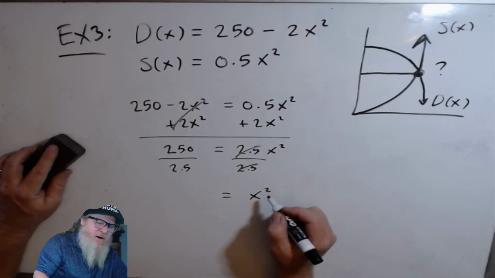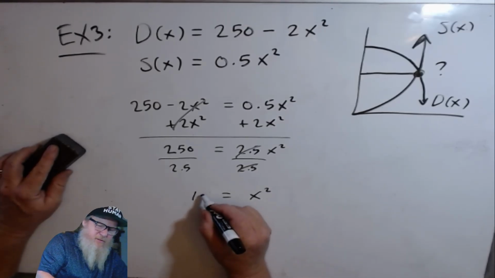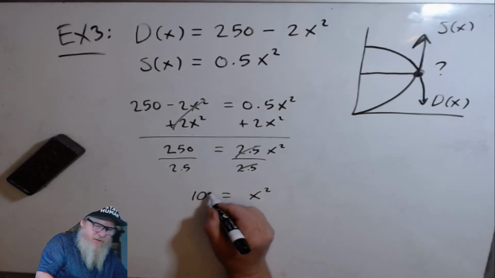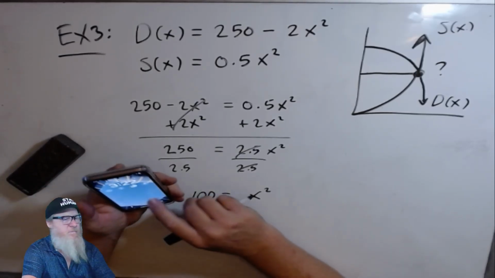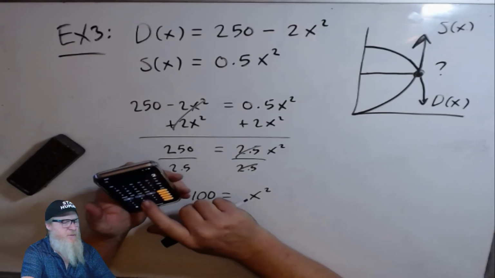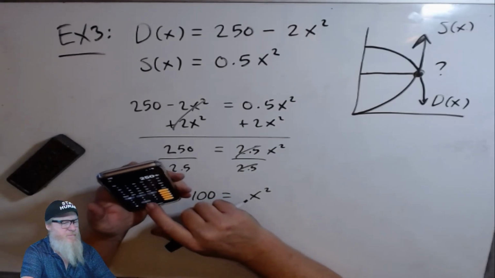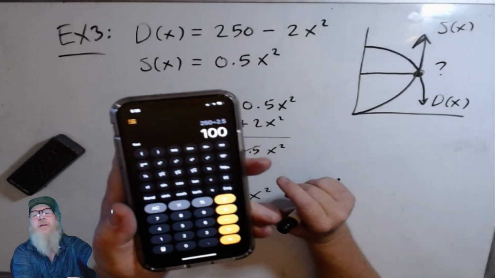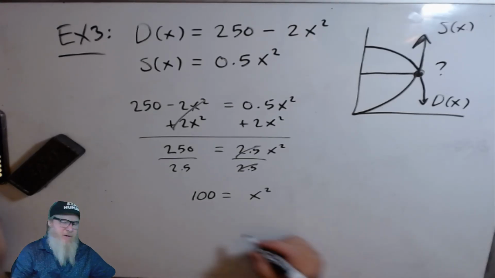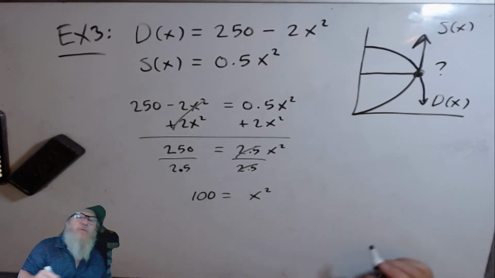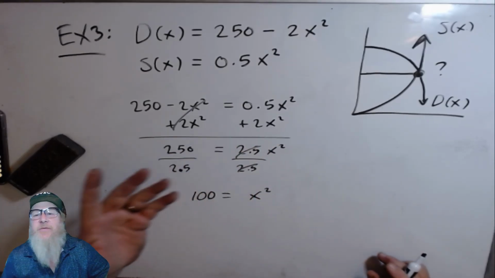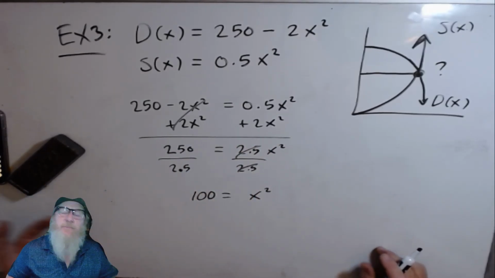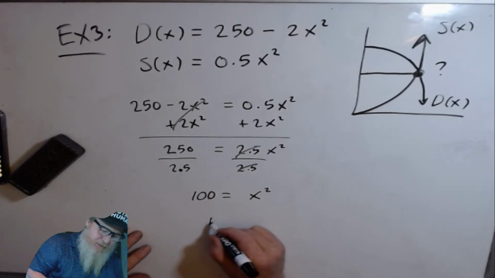I get x squared equals 100. I feel stupid doing this, but I don't want to screw this up. Of course it's 100. 250 divided by 2.5. I just didn't want to have my decimal in the wrong place. I've already been at this for 45 minutes, so it's better safe than sorry. So x is 10.